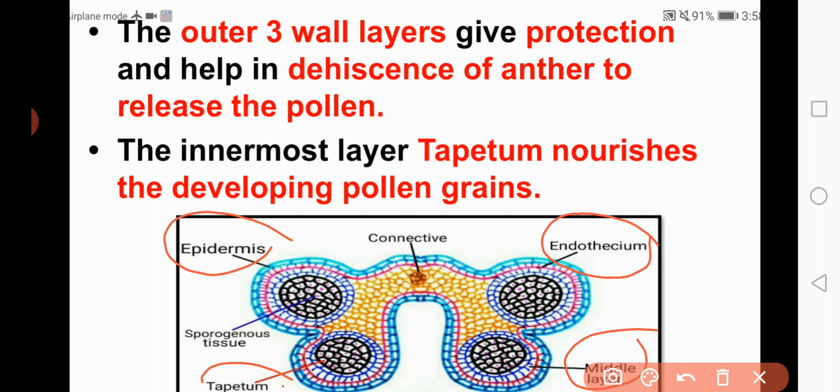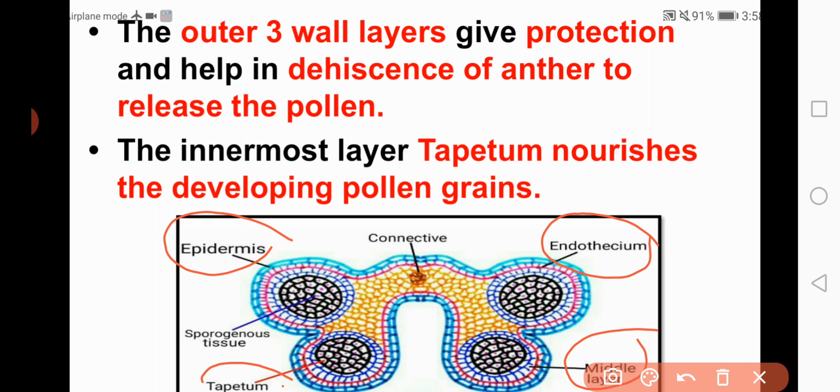Is that clear? Okay. Now the first 3 wall layers, the outer 3 wall layers, give protection and help in dehiscence of the anther to release the pollen grains. So what is the function of epidermis, endothecium and middle layers?